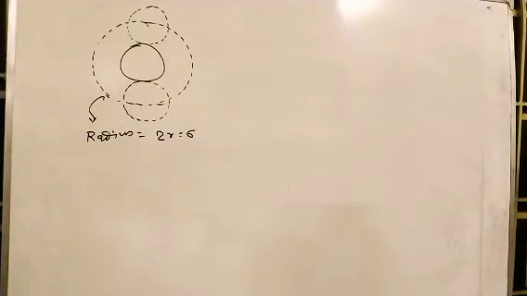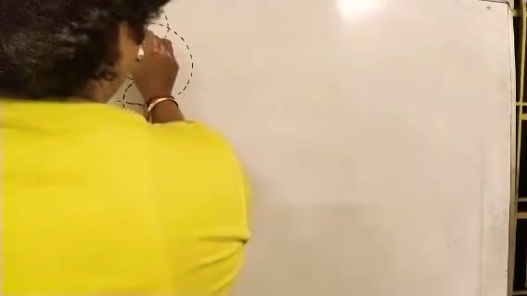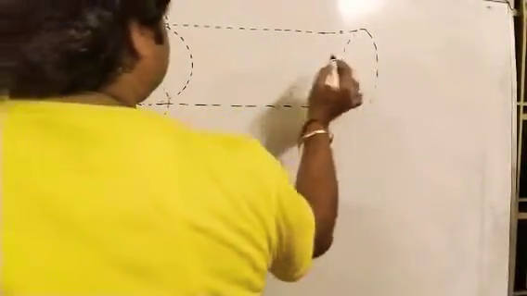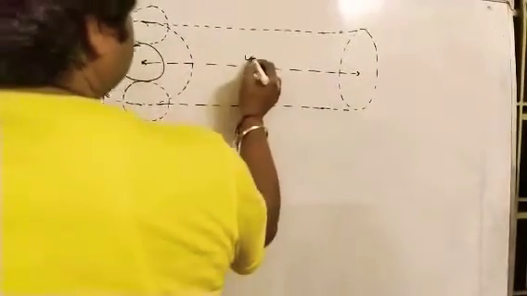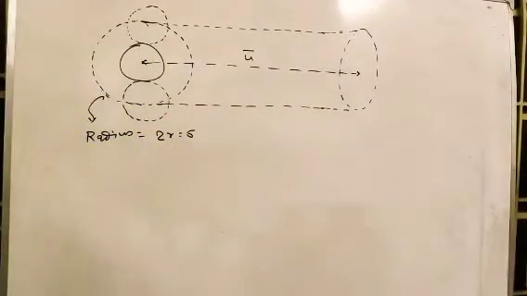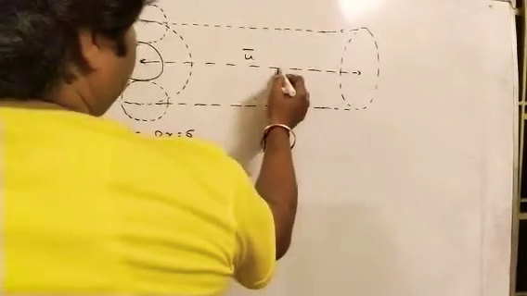Clear? Now suppose we consider that in unit time the molecule is traveling a distance with the average velocity u bar. So this is actually sigma.